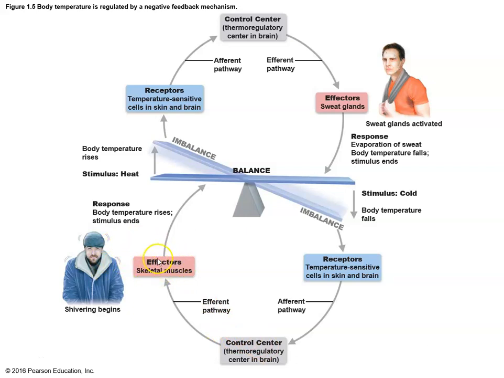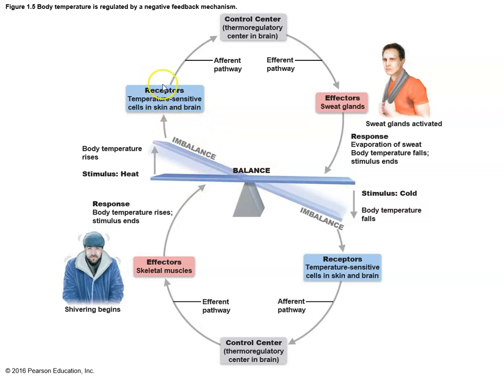So the effectors in this case would be skeletal muscles, and that would cause you to start shivering. Now the underlying point of shivering is to create friction. Friction generates heat, so that would then warm the body up. So let's say the body did in fact warm up, and it would get back up to a balanced situation at that 98.6.